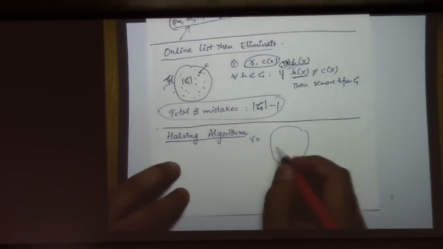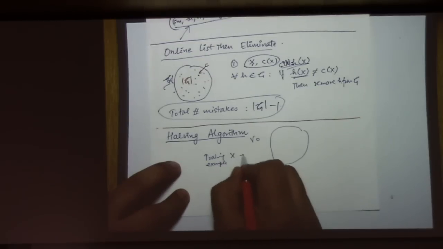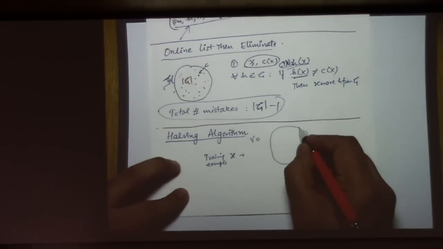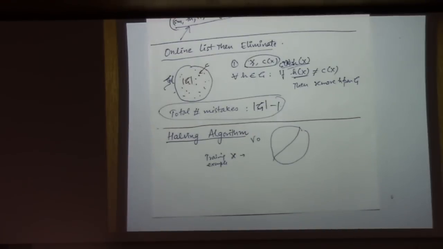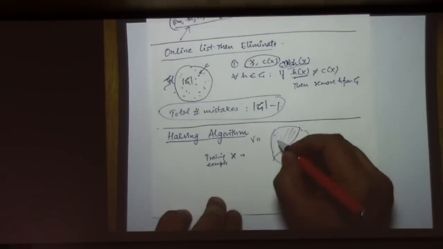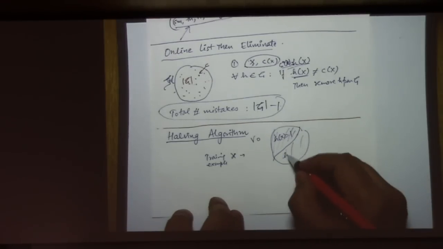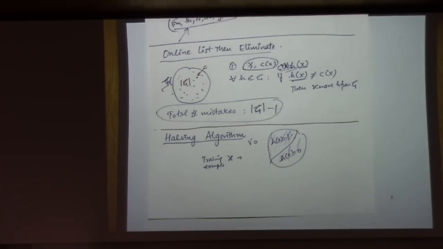Then you get an X, your training example, and looking at this X, you split your version space into two parts. These will be all the hypotheses which call h of x equal to 1, and these are all the hypotheses that call x as 0.